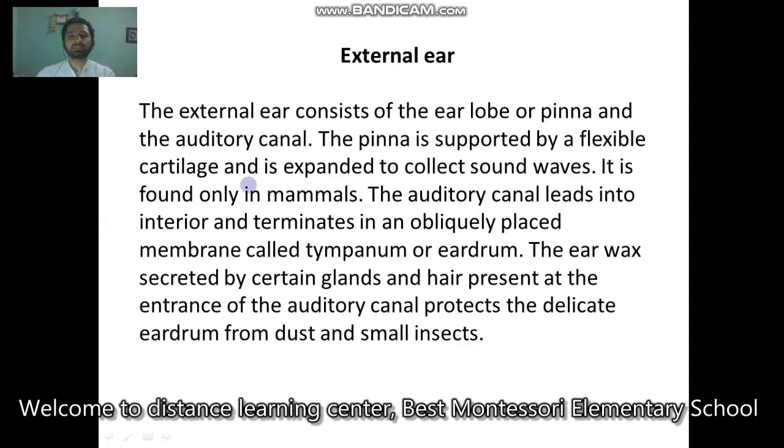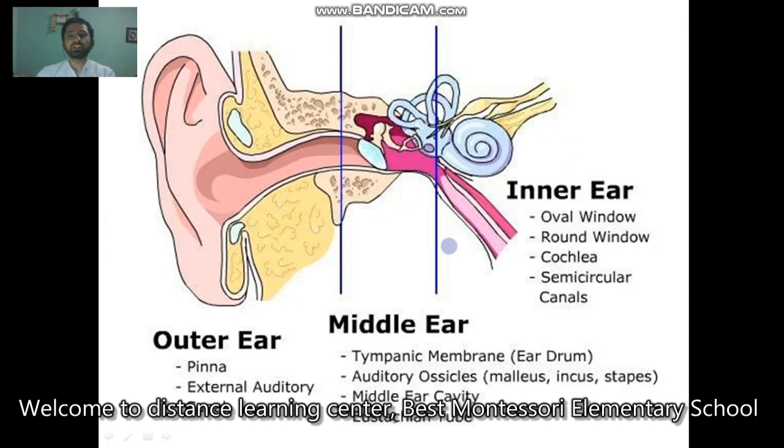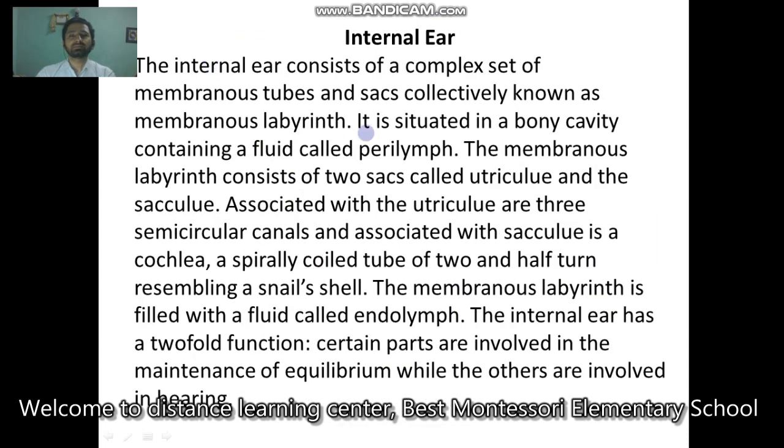Now, the inner ear consists of the oval window, cochlea, and semicircular canals. Actually, it is a membranous labyrinth. It has this name because it is a set of tubes and sac-like structures, and it is present in a bony cavity made of bone, which contains a fluid called perilymph.